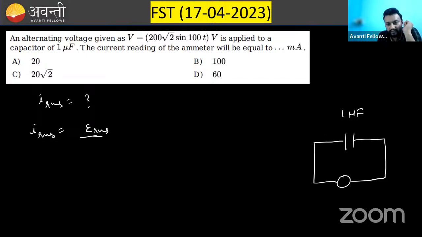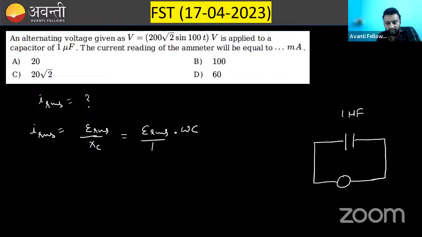And the resistance of this capacitive circuit is denoted by capacitive reactance, XC. Now, ERMS over capacitive reactance is what? 1 over omega C. Omega C will go there. So this is the final solution that we want to calculate.